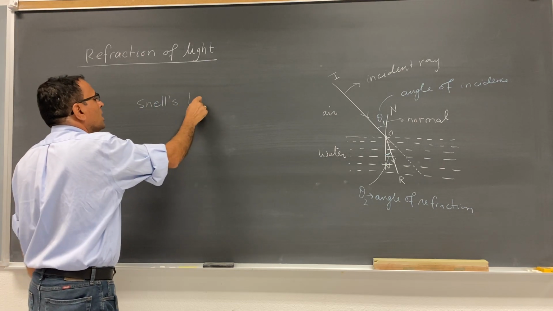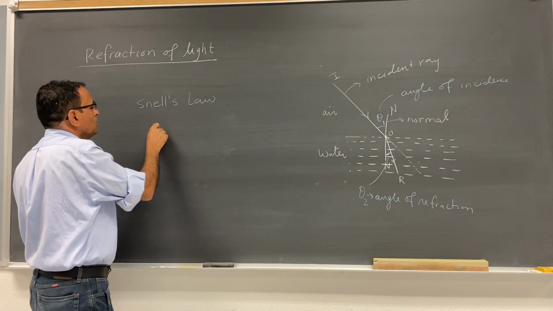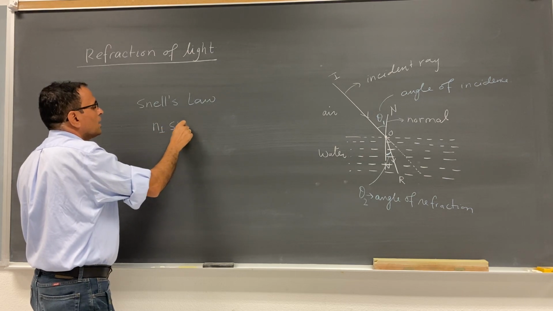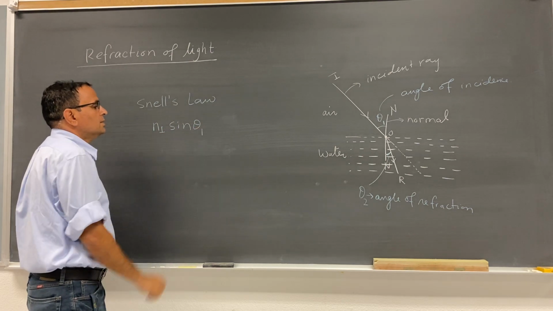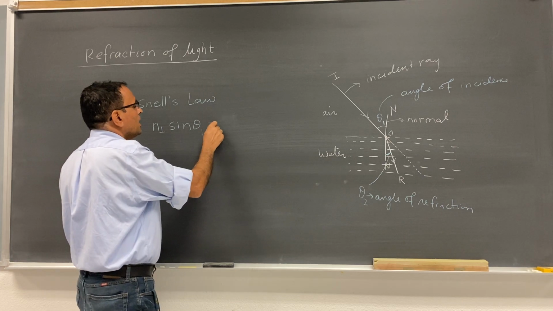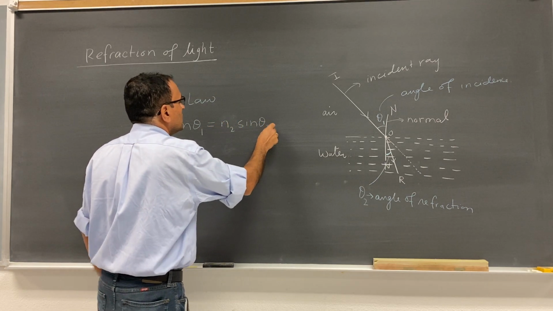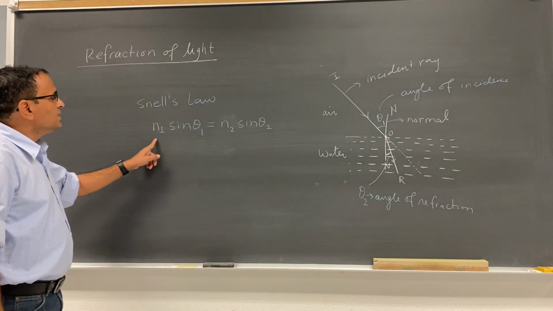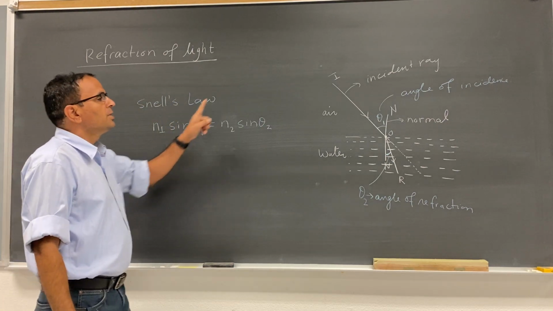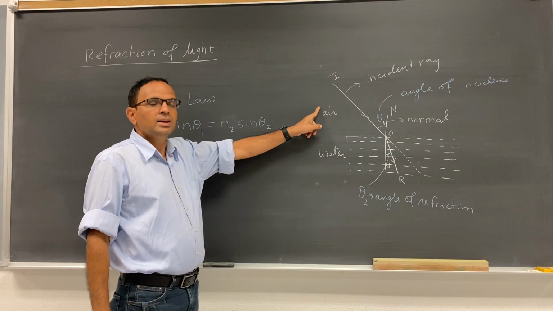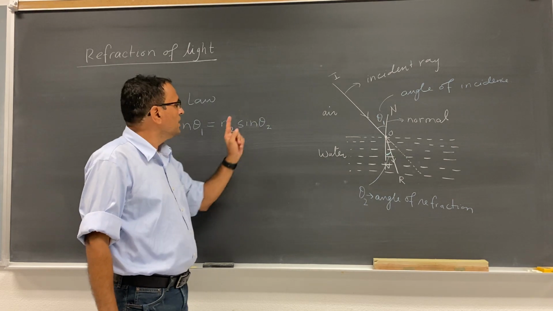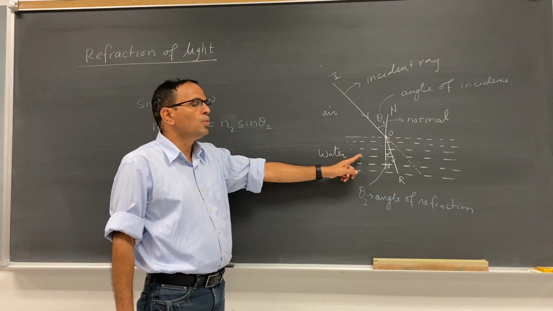Snell's law is n1 sine theta 1 equal to n2 sine theta 2. n1 is the index of refraction of air, and n2 here is the index of refraction of water.